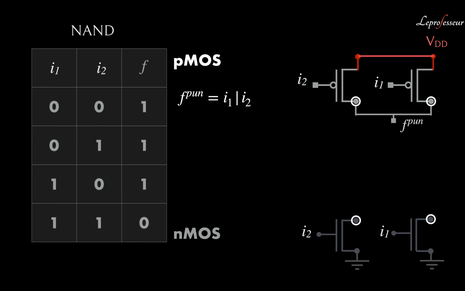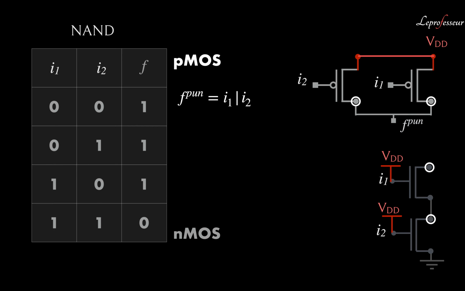Now let's try to find a connection. So what if we connect NMOS in series, and we connect both of the NMOS gates to VDD. What's going to happen now?